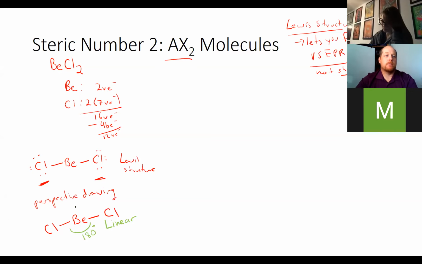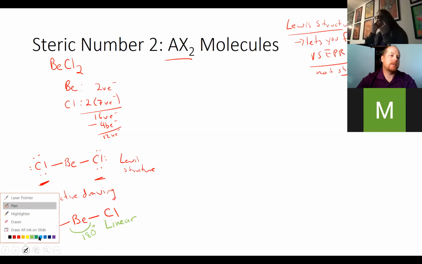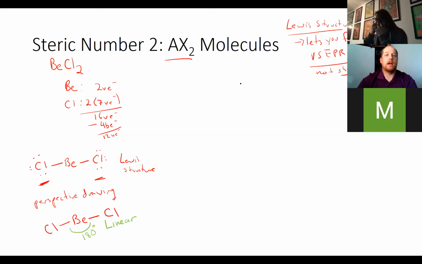We'll do this now for another molecule. So we'll also do it for carbon dioxide. If you actually do the carbon dioxide Lewis structure, you've got carbon, which has 4 valence electrons. You got oxygen that has 6, but there are 2 of them.